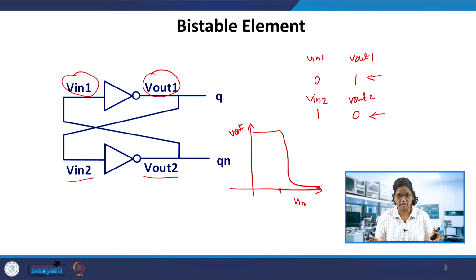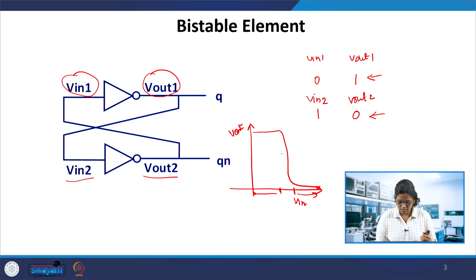Suppose for a 0 to 5 volt input, for 0 to 2 volts the output is going to be 1, and for V in from about 3 volts to 5 volts it is going to be logic 0. So this is logic 1 and logic 0. When you consider the input, this part is low and this part is high.